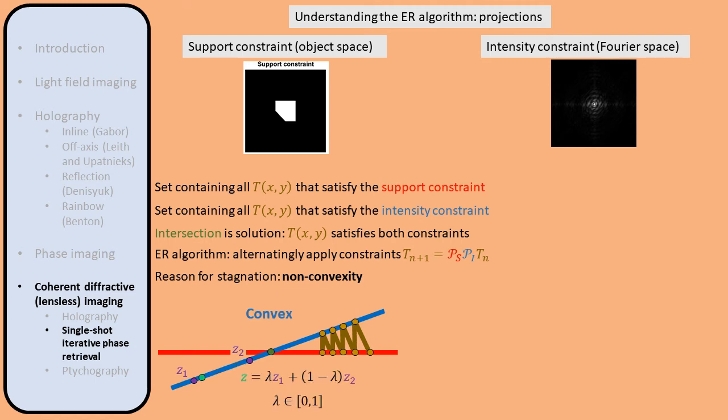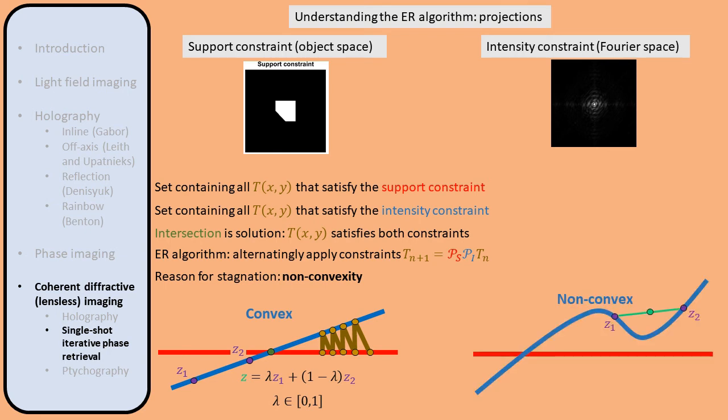However, the intensity constraint is in fact non-convex. So if we pick 2 points in the set and we draw a line between them, then there are points on that line that do not lie in the constraint set. If we now go back and forth between the two sets, we find that indeed we get stuck at a point which is not the correct solution.